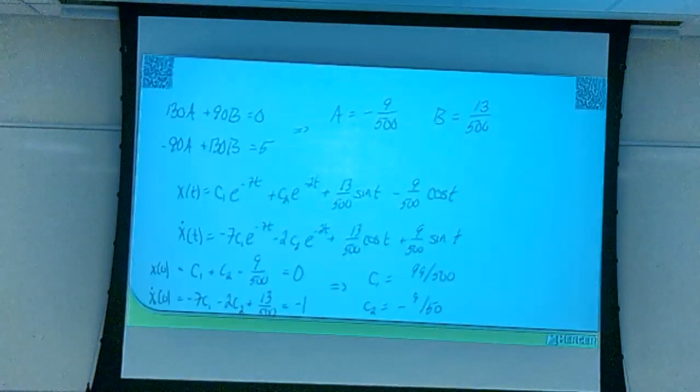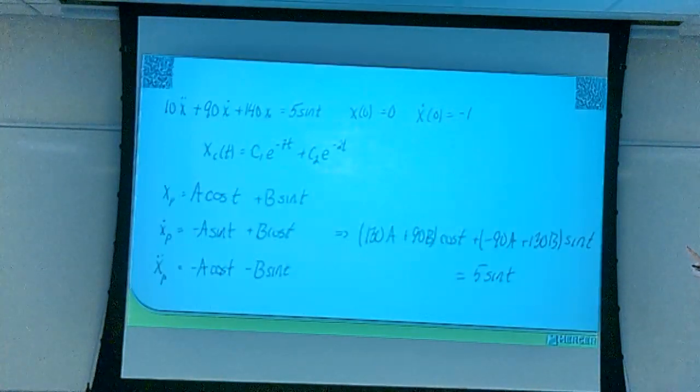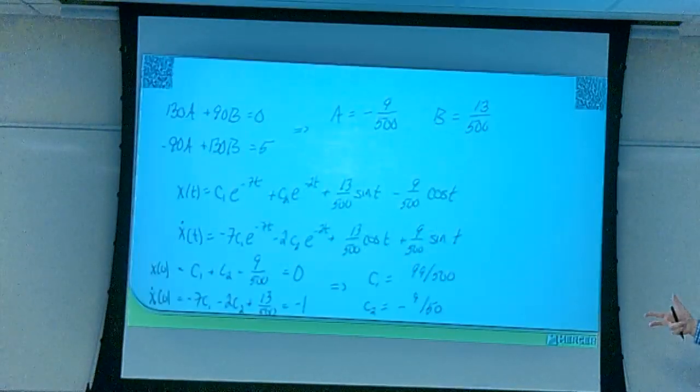There has to be one slight change. X dot was -1 here. It's +1 for our problem. Those signs just flip. That's going to be the solution.